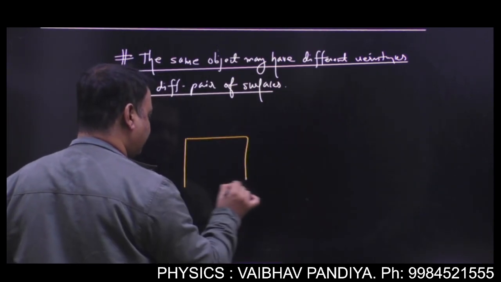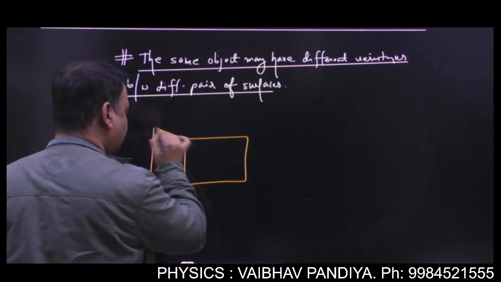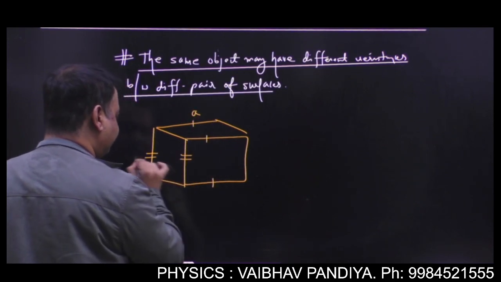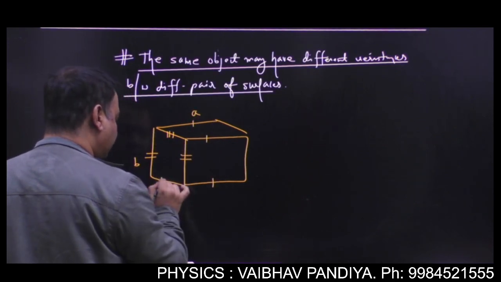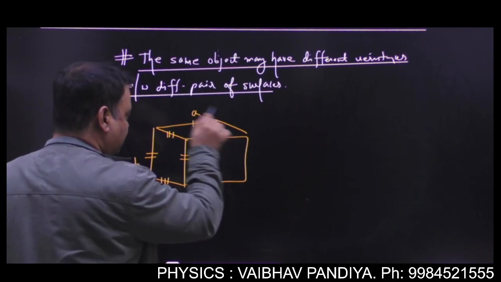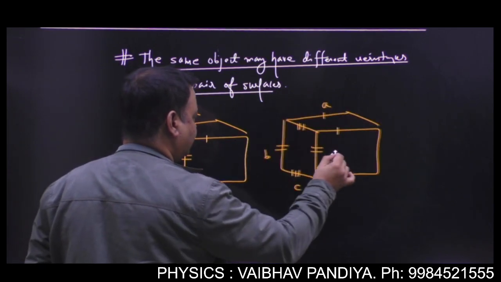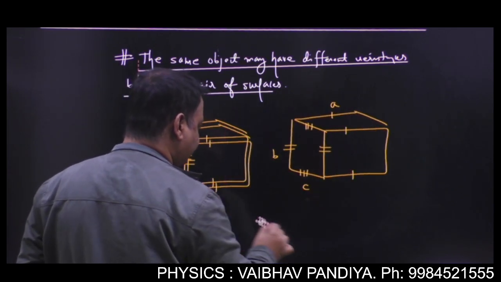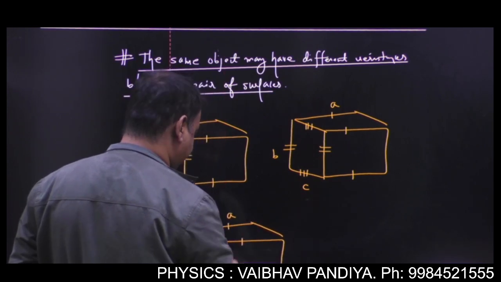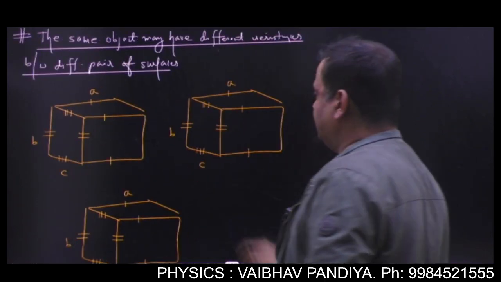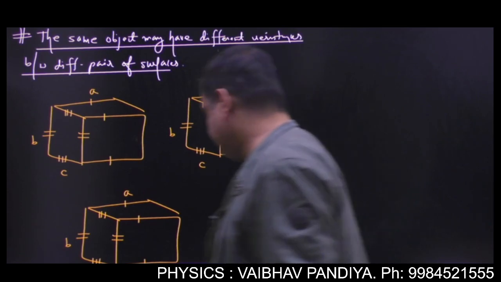Suppose we have a block, and this length is A, this length is B, and this length is C. Now if I say find the resistance of this block, that will be a meaningless statement, because you will ask across which surfaces.